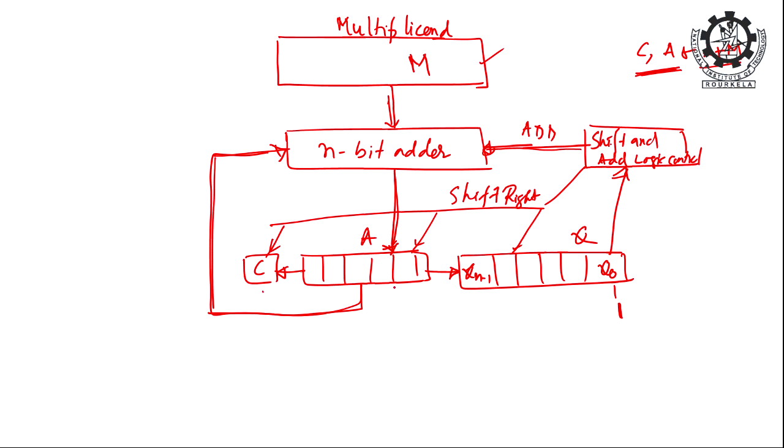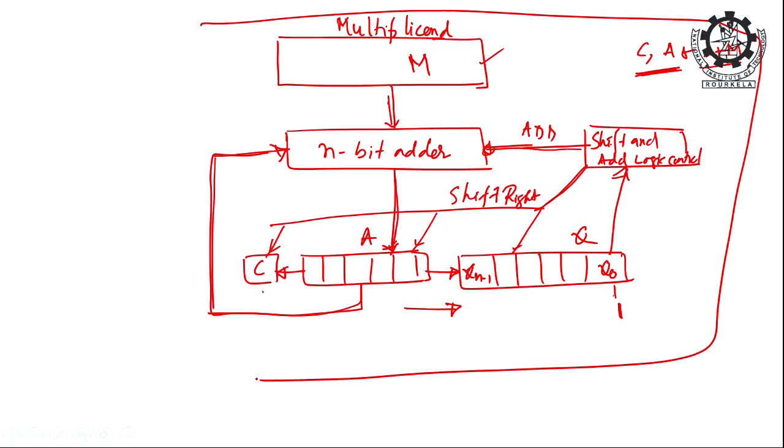So, therefore, C and Q. After that, that shift will be performed. So, for shift operation again, this is the operation on the right side, it will move entirely C A Q, and if it is 0, then there will not be any addition, only shift operation. So, this is the entire circuit for the multiplication of 2 n bit unsigned numbers.